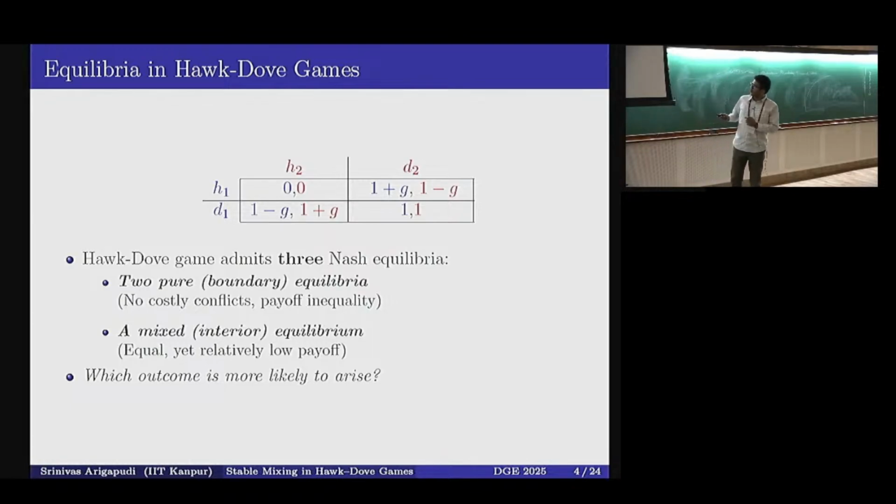These are the pure equilibria. Those would correspond to H1D2 and D1H2. And then there is also an interior equilibrium where the players are mixing. And the question naturally is, if you have multiple equilibria, which outcome is more likely to arise.